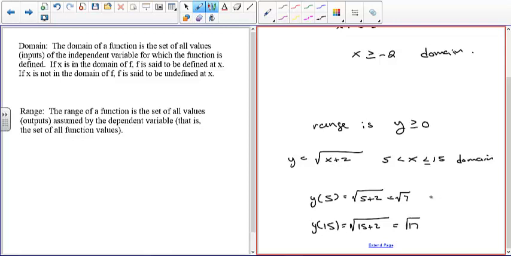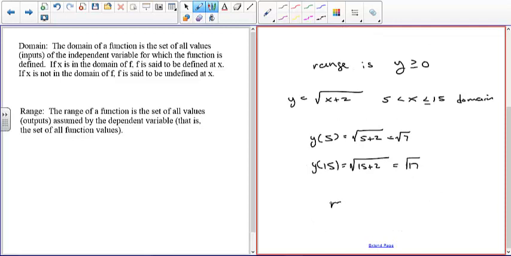So in this particular case, the range would be that y is greater than or equal to square root of 7 and less than or equal to square root of 17. So this domain would result in that range.